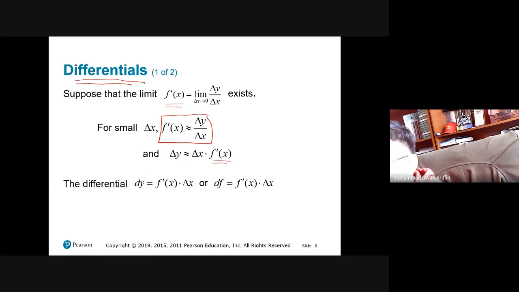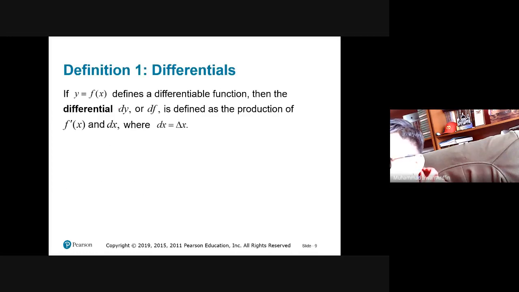Now, the differential, where we replace delta with d. Okay, dy equals f prime of x multiplied with delta x, or df equals f prime of x multiplied with delta x. So this is what we term as the differential. So this brings us to this definition.